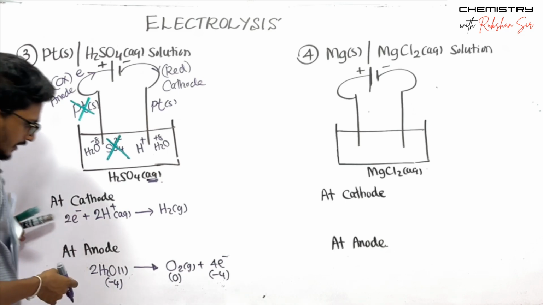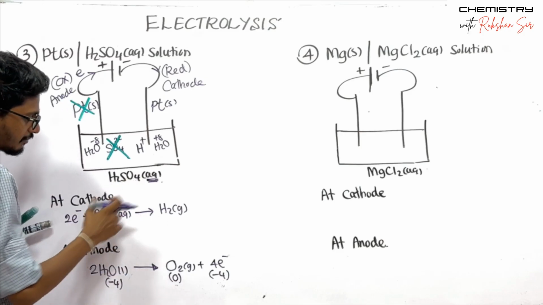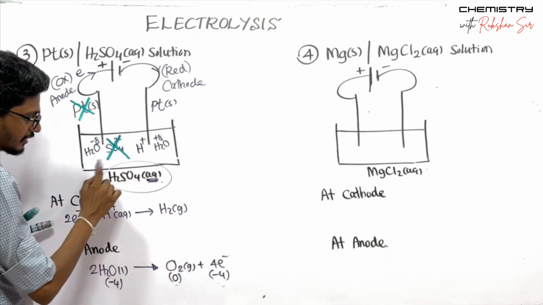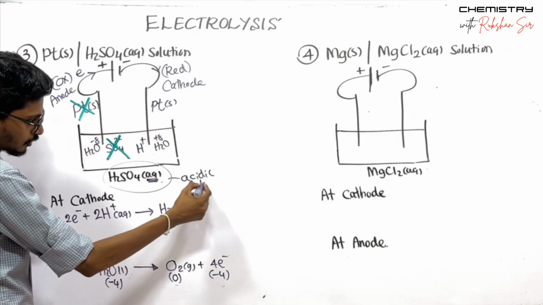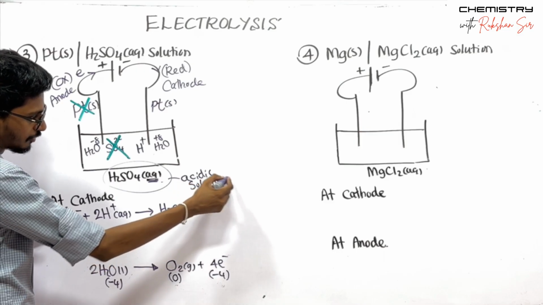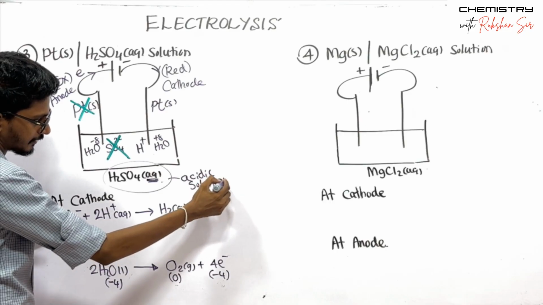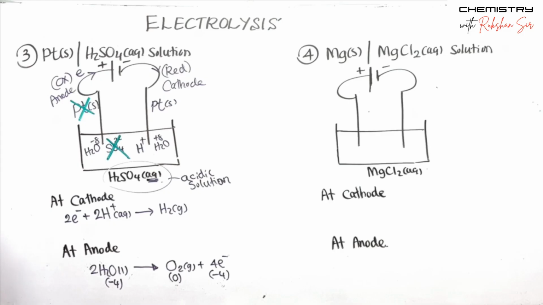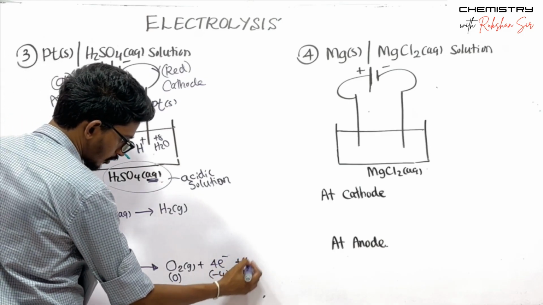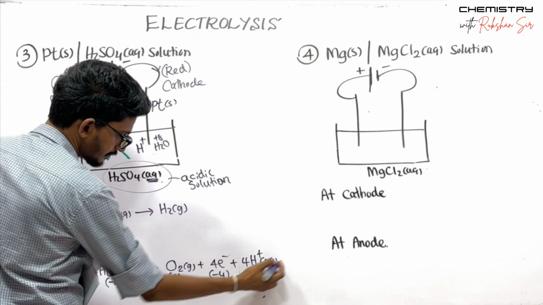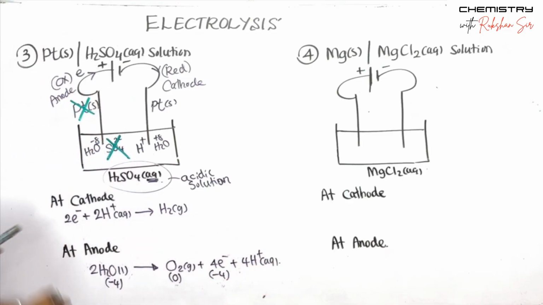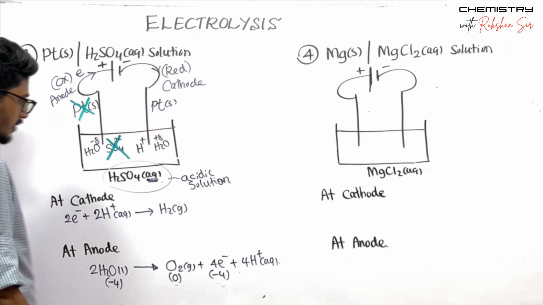And charge balancing. This is acidic medium. It's not a neutral medium, this is acidic medium. So definitely charge balancing should be done with the use of H pluses. So 4 of H plus. Right? Okay. So that is the oxidation half reaction at the anode.